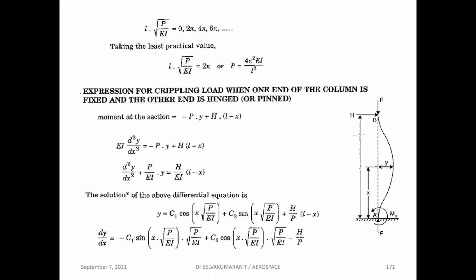And since you have a fixed end, you differentiate with respect to x to arrive at the slope equation. At the fixed end, x is 0, y is 0, and slope is also 0. At the hinged end, x is equal to L, deflection alone is 0. Slope is not 0 because it's a hinged or pinned end.